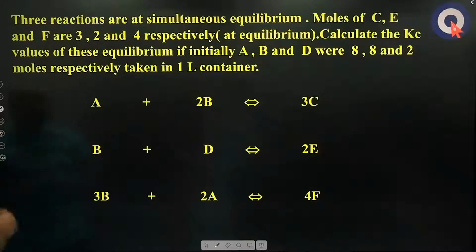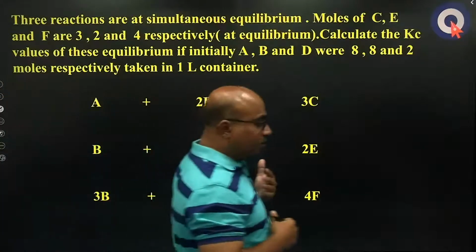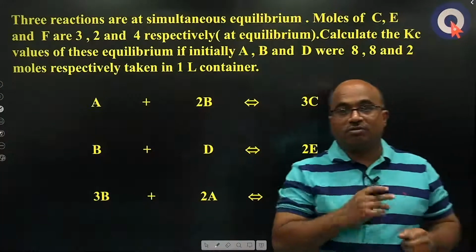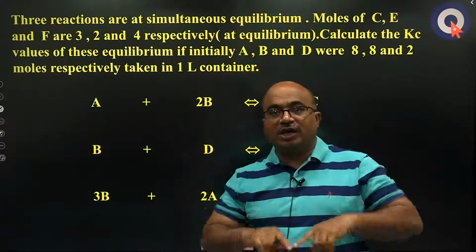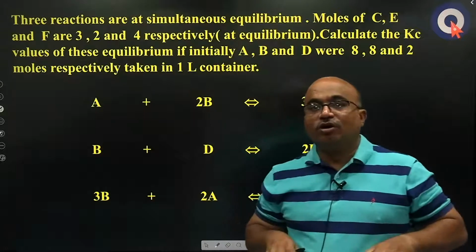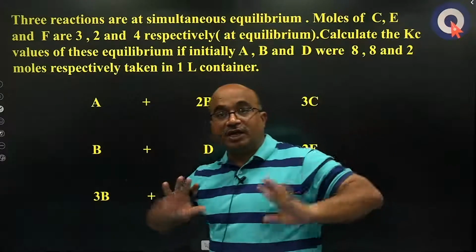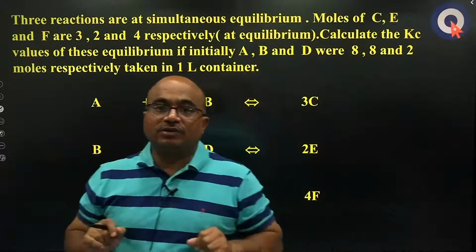Now coming to this, it is a simultaneous equilibrium question. When there is a simultaneous equilibrium, it means in a reaction vessel itself we have 2 or 3 equilibriums existing at a time. Then what happens?